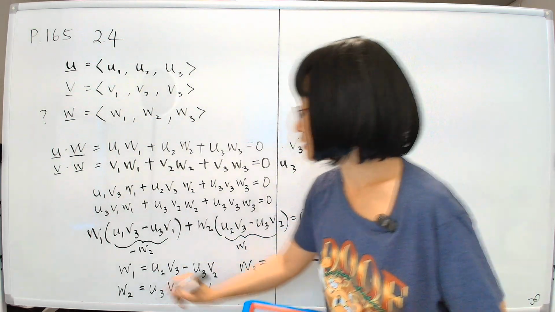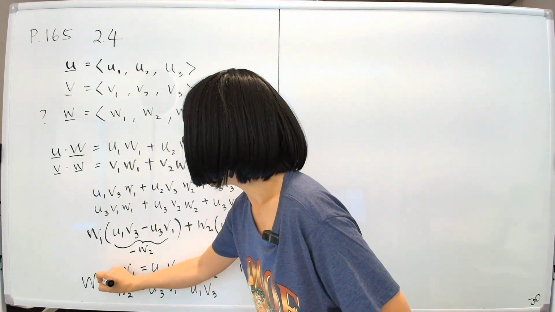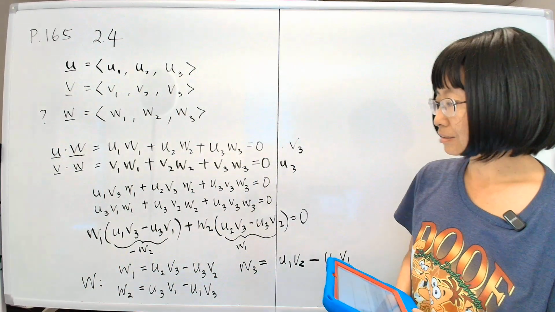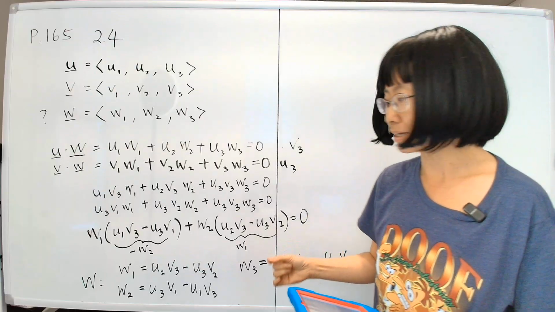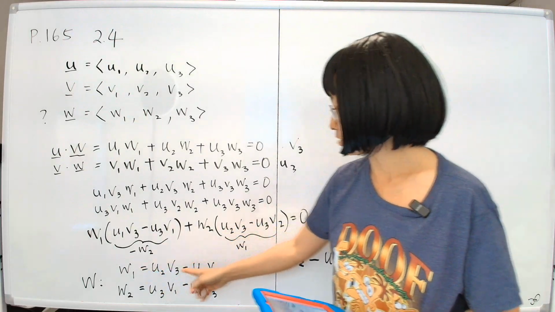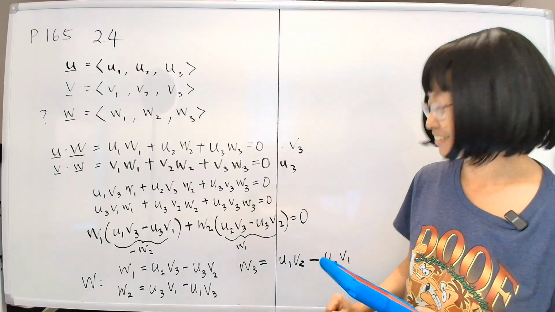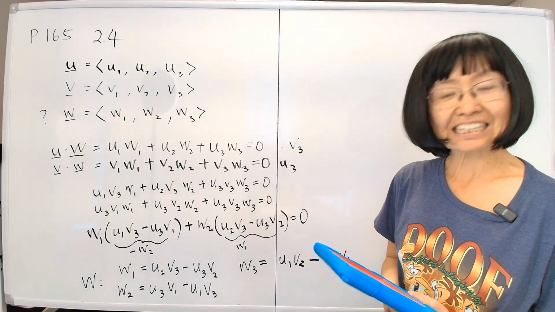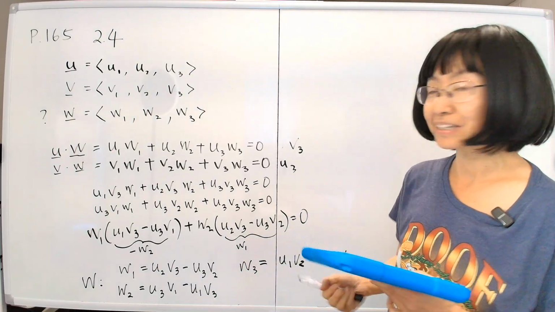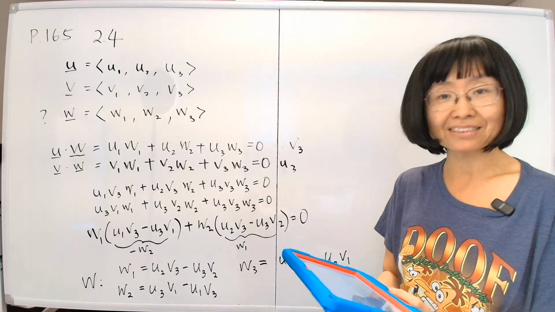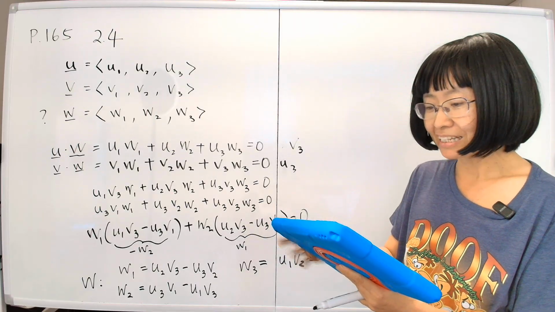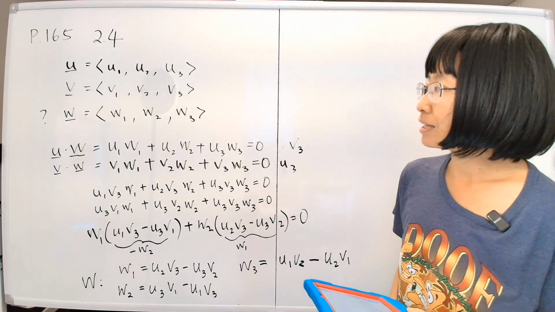So our W is defined as a vector which is called the cross product, which is calculated by doing all this, a bunch of multiplication and subtraction, which, as you can see, is somewhat painful, but that's the way with the cross product. The cross product is not as neat and clean as the dot product.